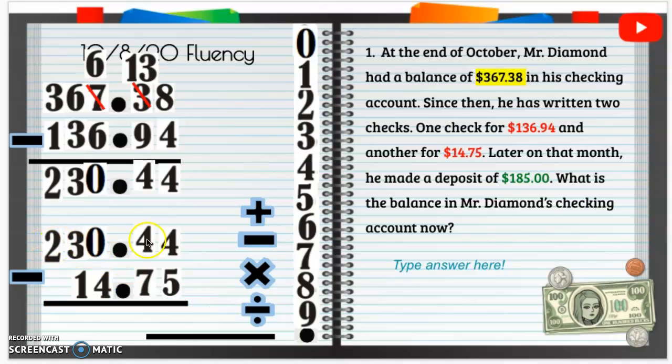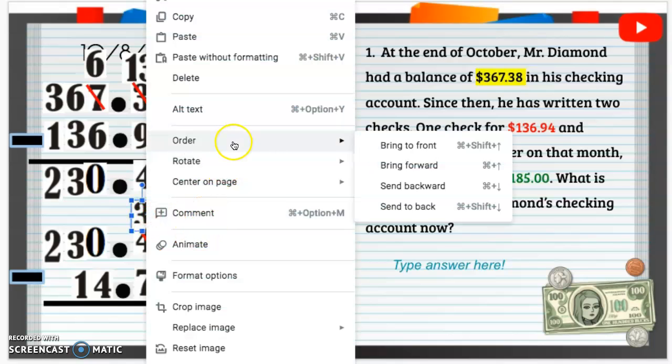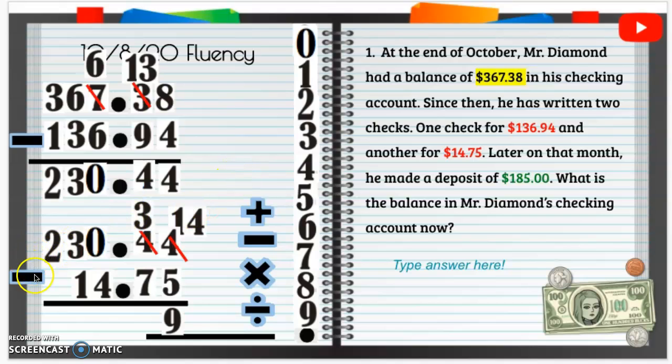All right, so 4 minus 5. Oh, we can't do that. So we're going to have to borrow from that 4. So that 4 will become a 3 to make this 4 a 14. Now we have 14 minus 5. Well, that's going to be 9. And then we have 3, and we're going to subtract 7.